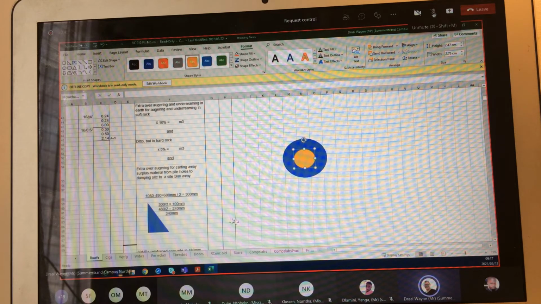Yep. Right. Now, this would be a top view of this pile, with that blue section being the under-ream section.